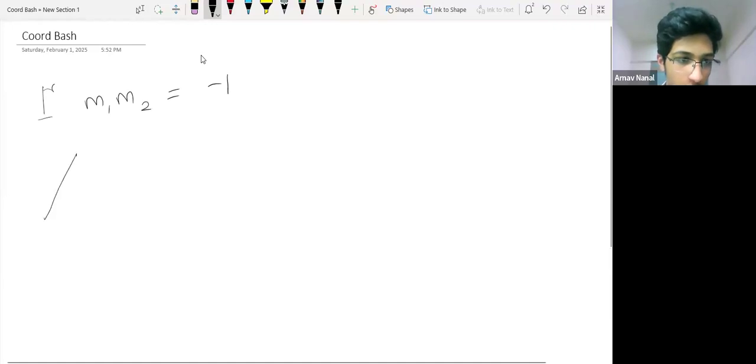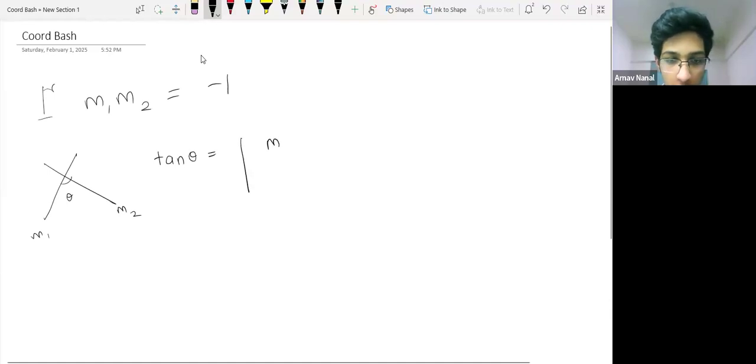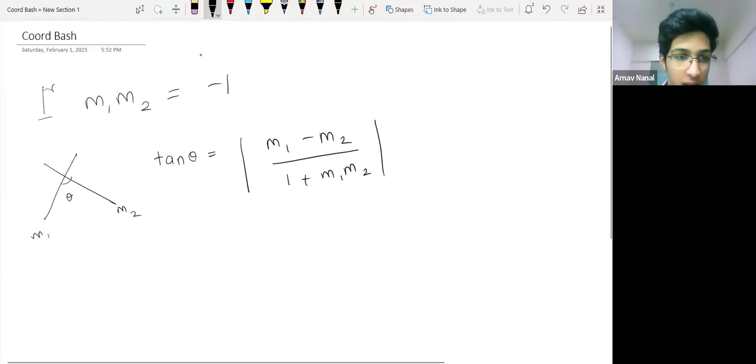Then if you have two lines with slopes m1 and m2, the acute angle theta between them is given by tan theta equal to (m1 minus m2) upon (1 plus m1 m2). You can see that for theta equal to 90, the denominator becomes 0, so tan theta becomes infinite.